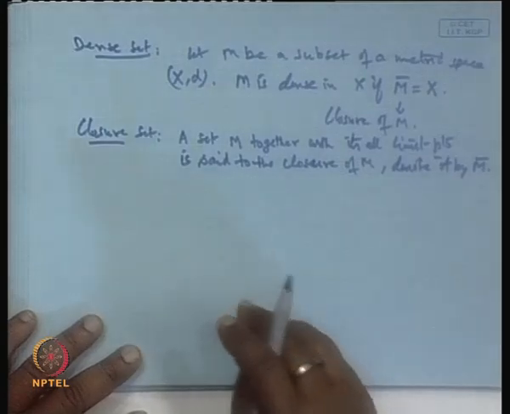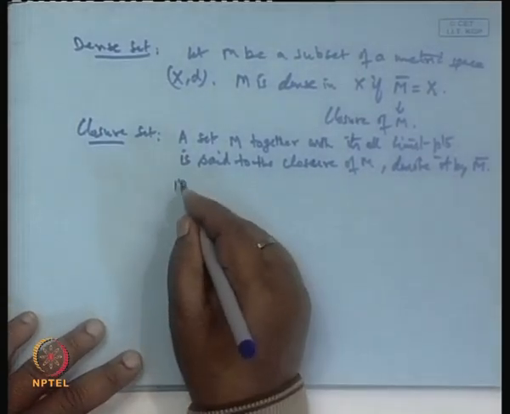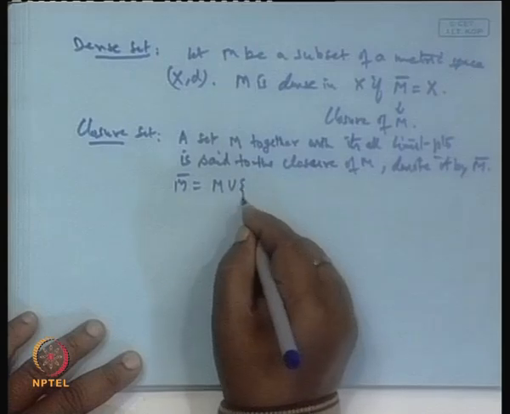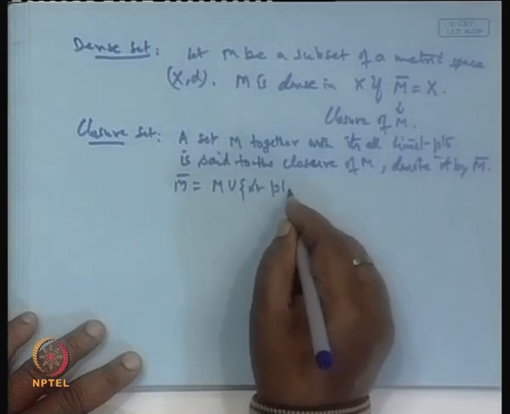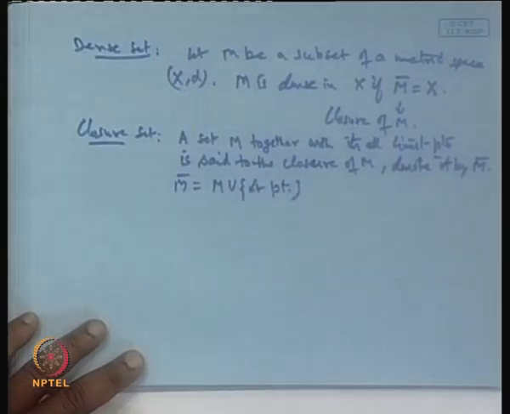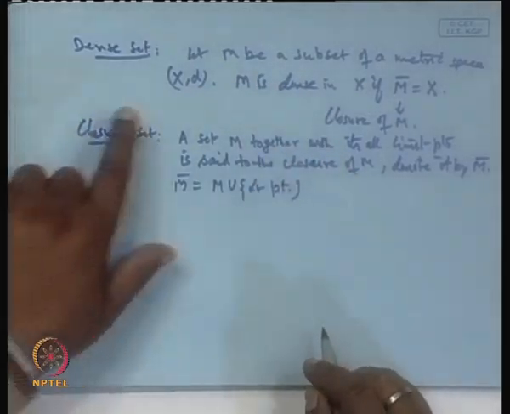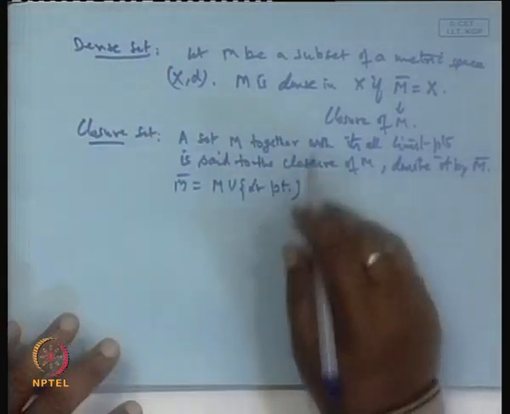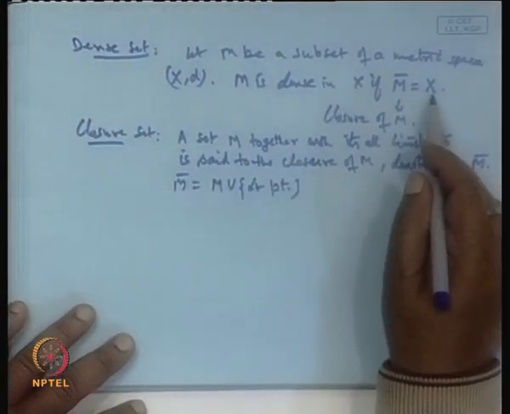So basically M bar is M union all its limit points. So this is the closure. What it says is that a set M is dense in X means the closure of M is X.